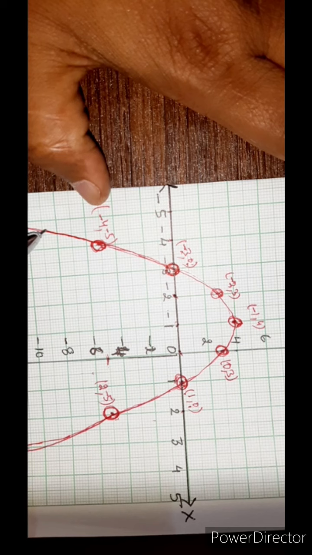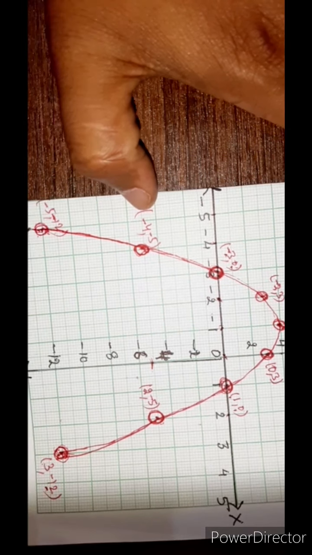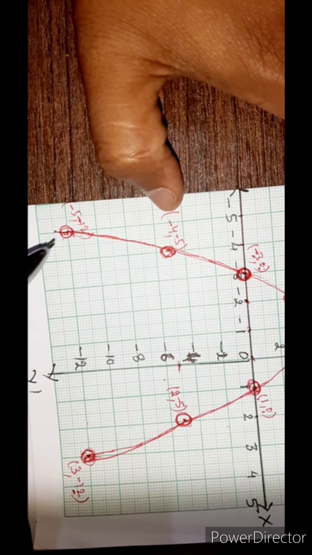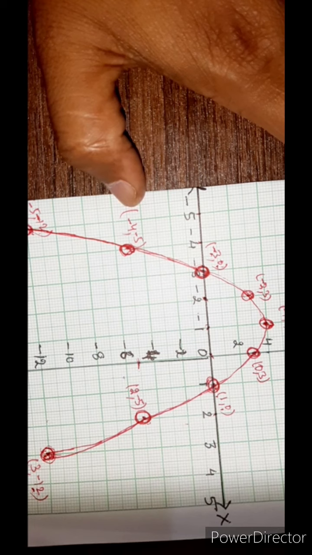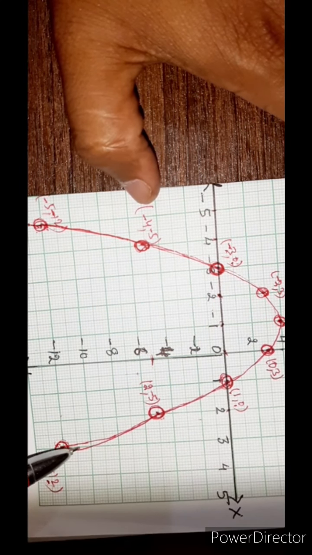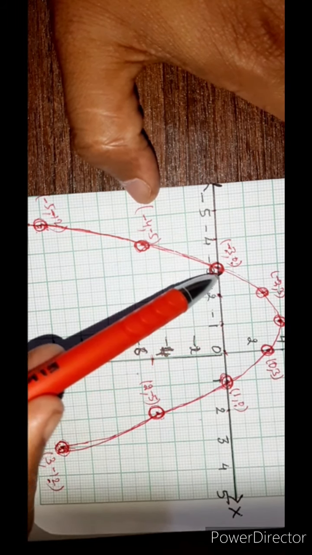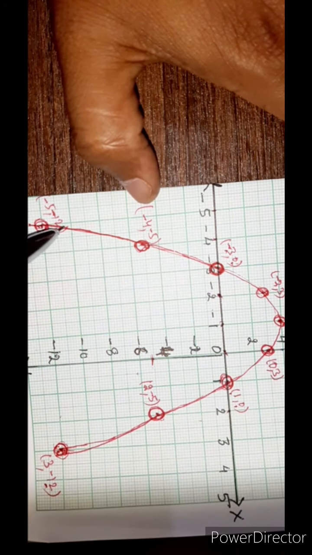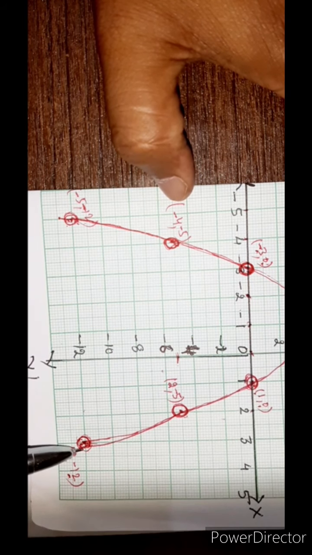This will be the other side curve line. Okay, so look at here. This is an open downward parabola, because this side is open.